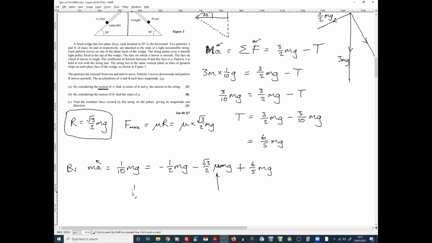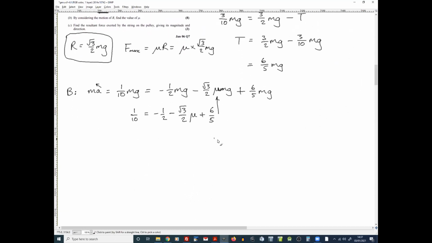I'd prefer to just not do any rearranging apart from the removing of the mg's for now. Okay. So you could say -3/5.